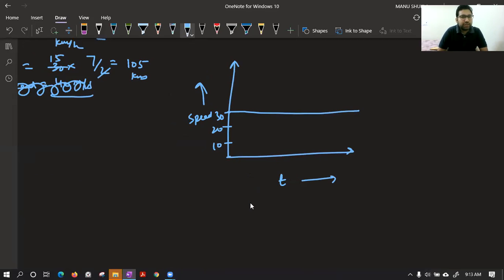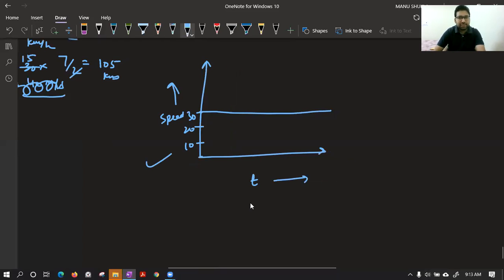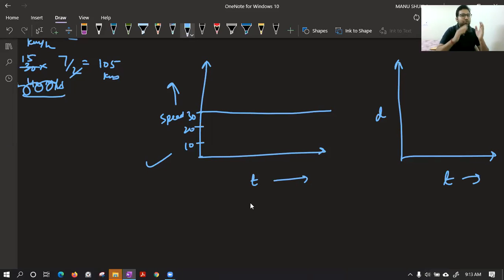If speed is constant, this will be your speed time graph. If you want to find the distance time graph from this, what will happen? You can see if speed is constant, that means at equal intervals of time, you will travel equal distance. So the graph will be like this.